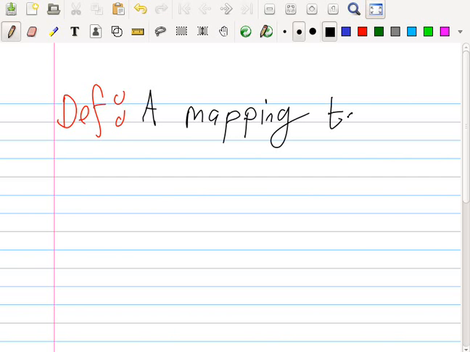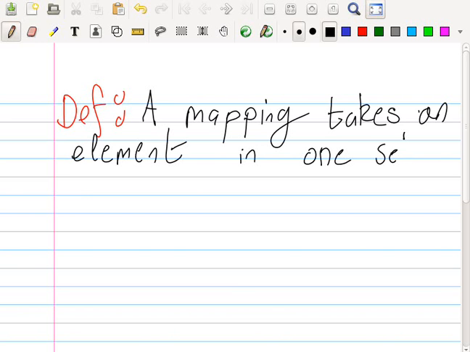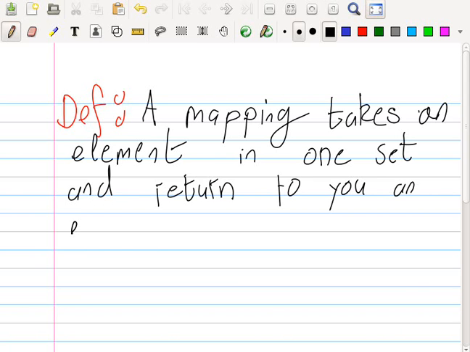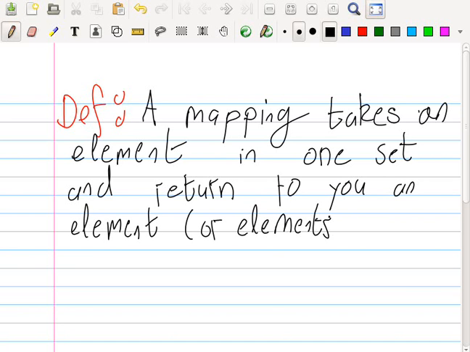A mapping takes an element in one set and returns to you an element or elements in another set.